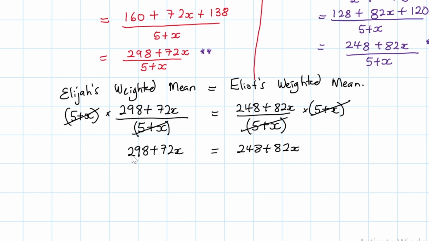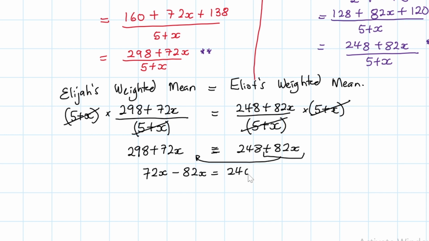So let's collect like terms. This is going to be 72x on this side, then this 82x is positive, and when it crosses the equal sign, it becomes negative 82x. So minus 82x is going to be equal to 248.